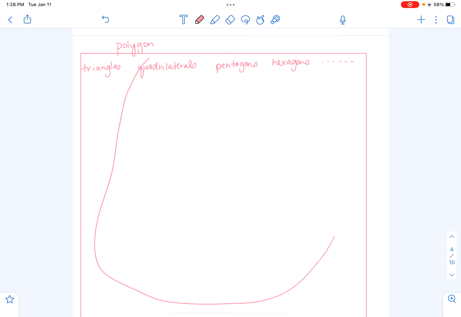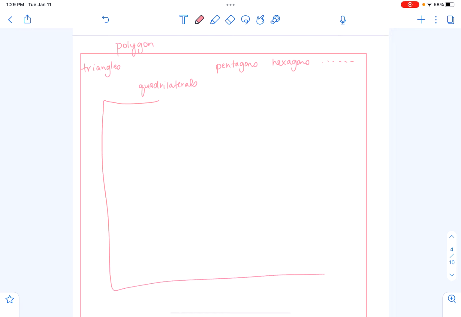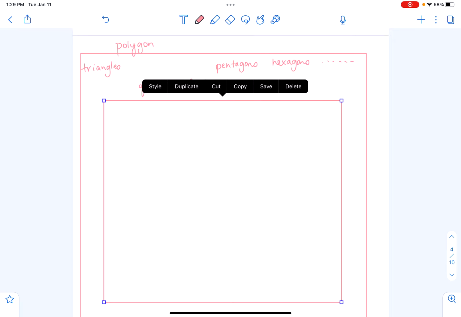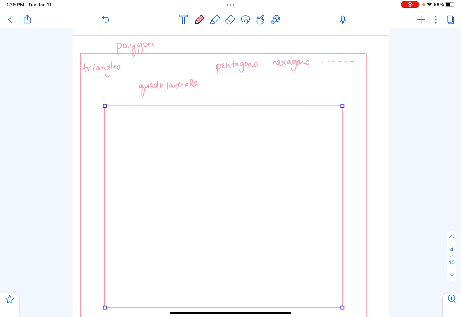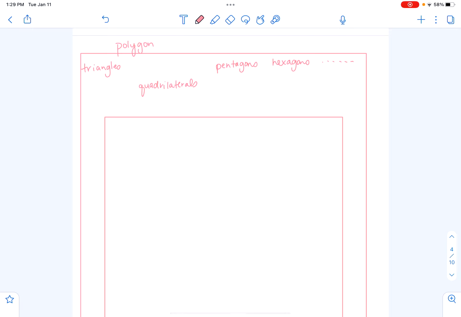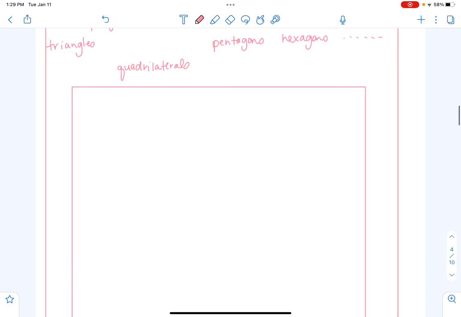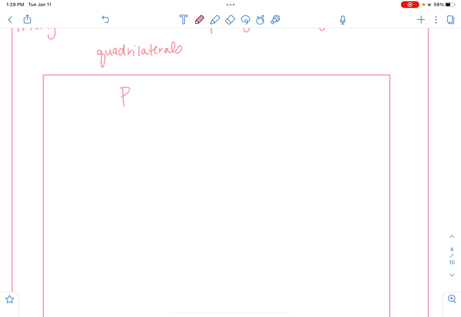So specifically with quadrilaterals, then we had parallelograms. We are going to learn about other types besides just parallelograms, but not today.